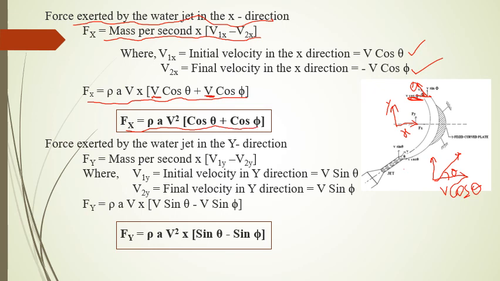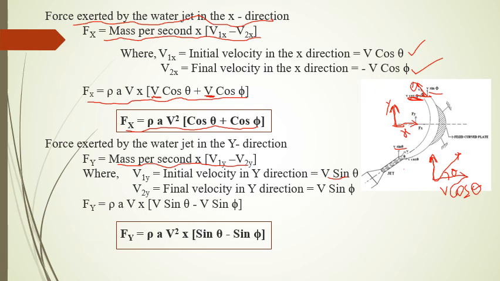Now we have to find the force perpendicular to the direction of jet, that is Fy. Fy equal to mass per time into initial velocity minus final velocity. Here in the direction perpendicular to the direction of jet, initial velocity is v sin theta, and at the outlet final velocity is v sin phi.